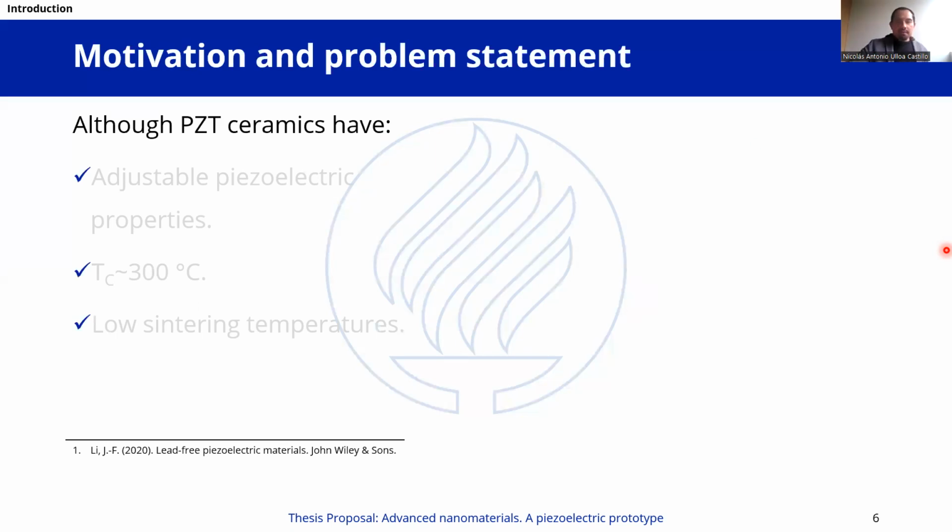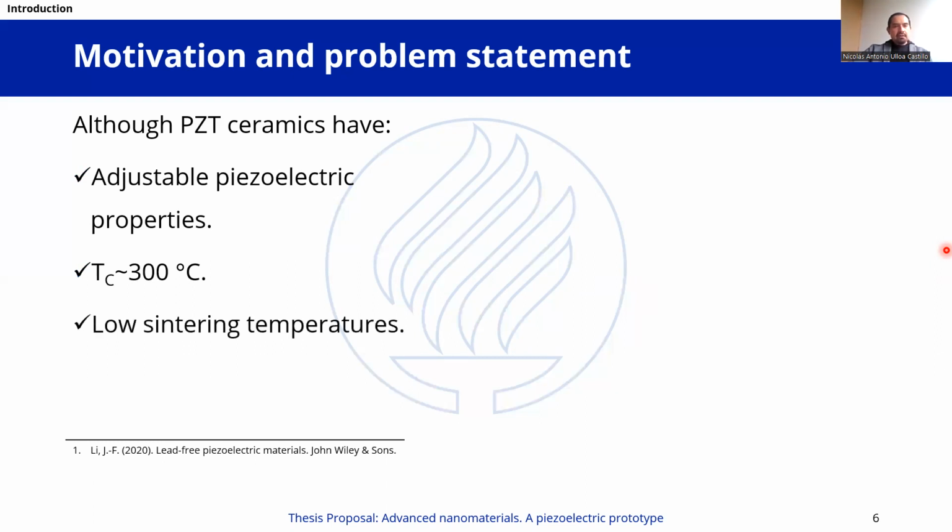While barium titanate is lead-free and was discovered prior to PZT, the dominance of PZT stems from several key advantages, which I have in here, which are adjustable piezoelectric properties, the Curie temperature, above which it loses its piezoelectric properties, as I mentioned earlier, and low sintering temperatures, which can lead to energy savings, reduced processing time, and improved material properties, compatibility with a wider range of substrates, etc.